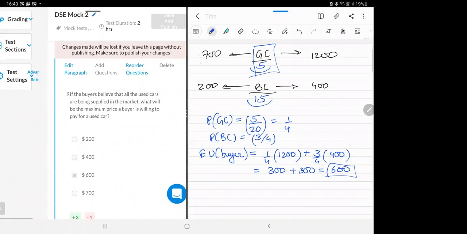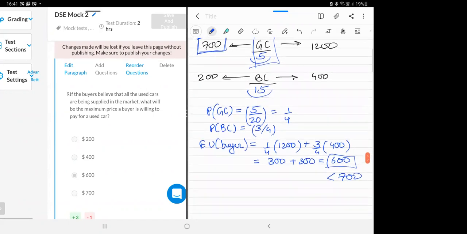But 600 is less than the reservation price of the good car seller, 700. So none of the good car sellers are going to sell in this market.